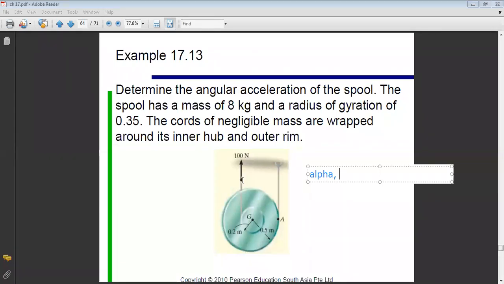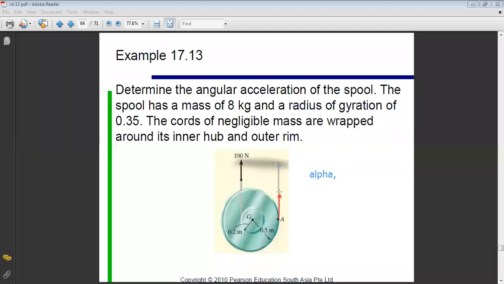For the other cord, here it's the same cable, but because we don't know if we have slipping or not, we can put the tension here at A, T_A.